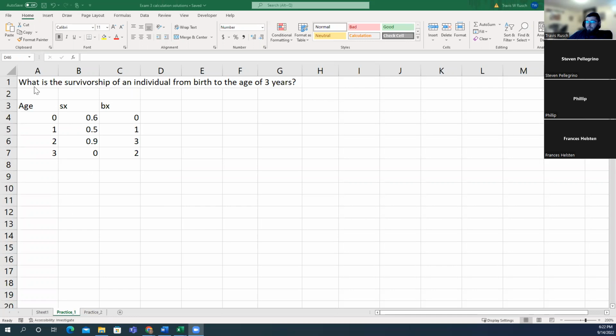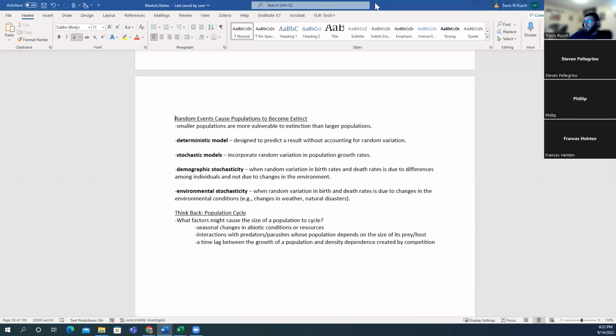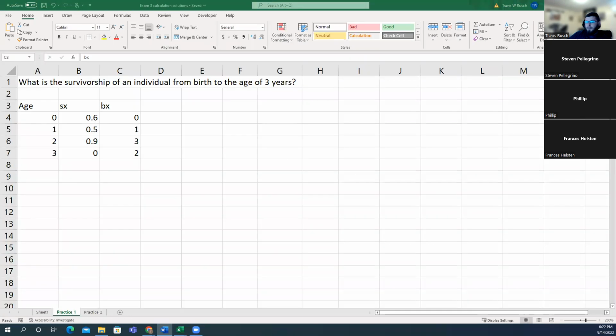Okay, so you might get a question that'll give you a life table with some information. So here we're given the age, we're given S of X, and we're given B of X, right? Let's remind ourselves, what is S of X and what is B of X? S of X is the survival rate, whereas B sub X is the birth rate or the fecundity.